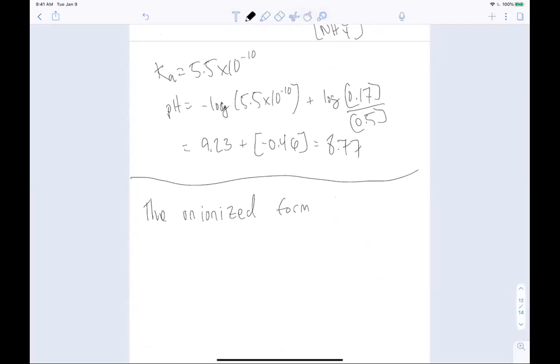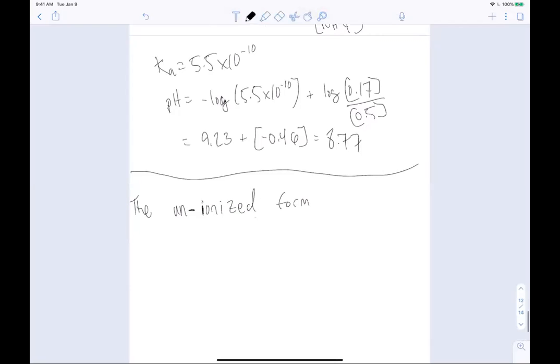I don't know if maybe that should have a hyphen to make it clearer. The un-ionized form. Oh yeah, we haven't really talked about indicators at all of an acid.